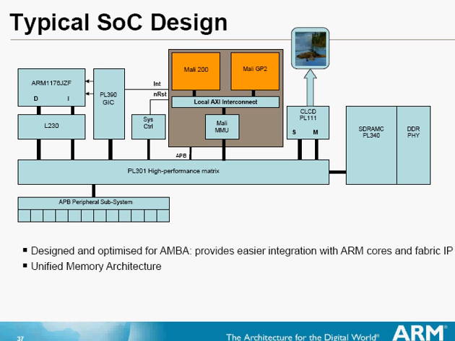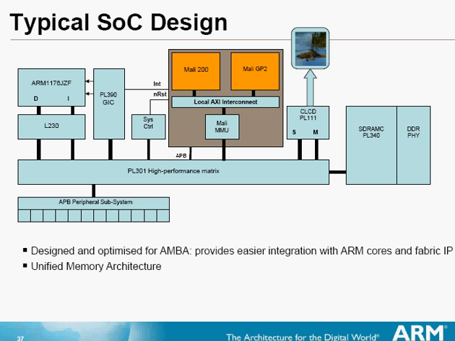See, this is a typical SoC design. This is how the GPU looks in the context of a full SoC. The GPU is designed and optimized for AMBA, so it supports most of the features provided by AMBA and allows easy integration with the new AXI ready core and bus fabric.